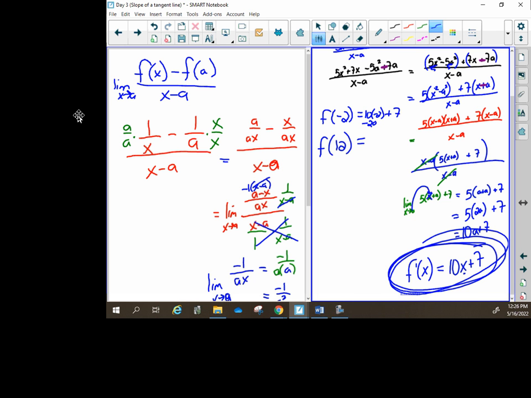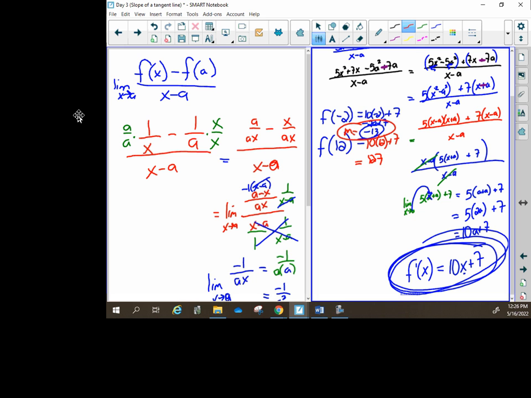You got negative 20 plus 7, which is negative 13. And the same thing right here, 10 times 12 plus 7 is 127. So the slope of the line at negative 2 is negative 13.